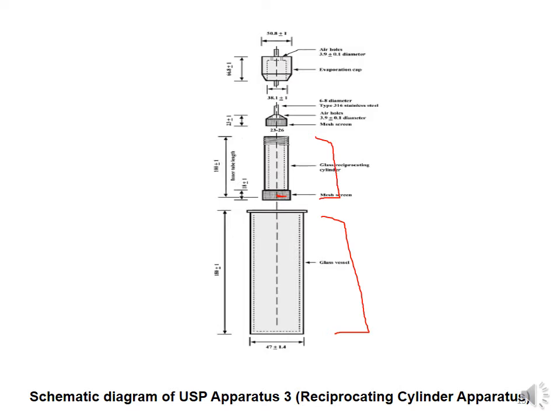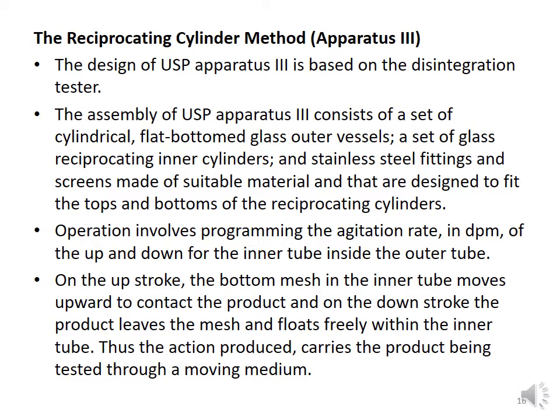A device is used that allows the reciprocating rate to be selected and maintained at the specified dip rate given in the monograph within plus or minus 5%. The design of USP Apparatus 3 is based on the disintegration tester.